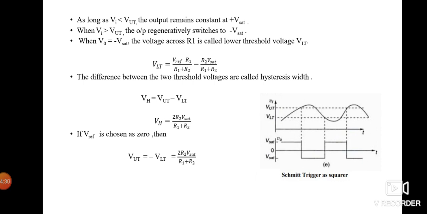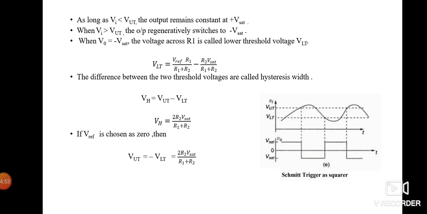Therefore, the hysteresis width is given by VH equal to VUT minus VLT. After substituting the values from the above equations and simplifying, we get VH equal to 2 R2 Vsat divided by R1 plus R2.